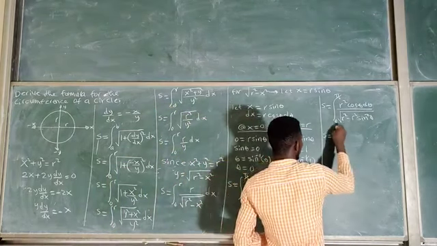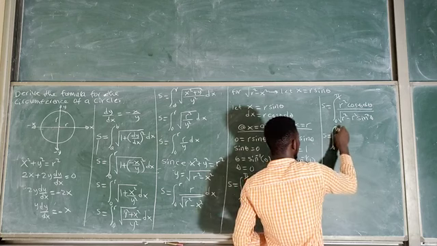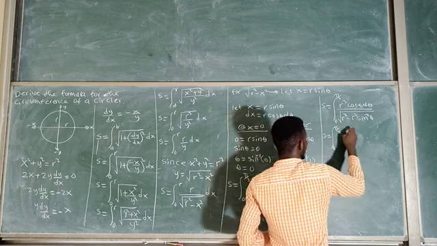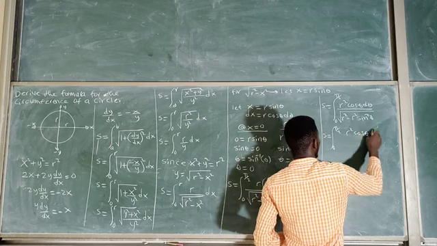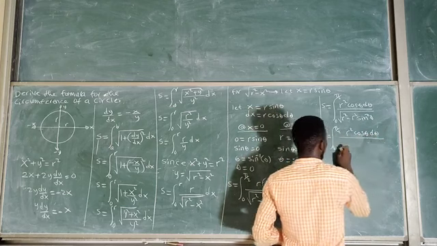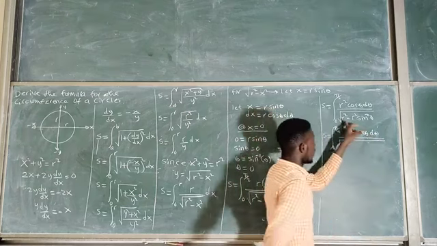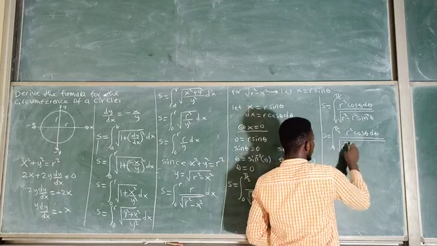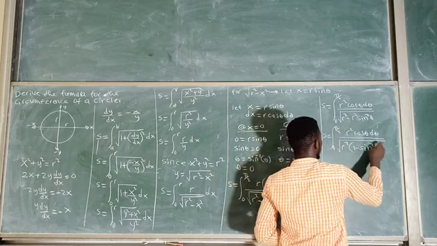So we have s equal to the integral from 0 to pi by 2 of r squared cos theta d theta, all divided by the square root of, factoring out r squared, r squared times (1 minus sin squared theta).